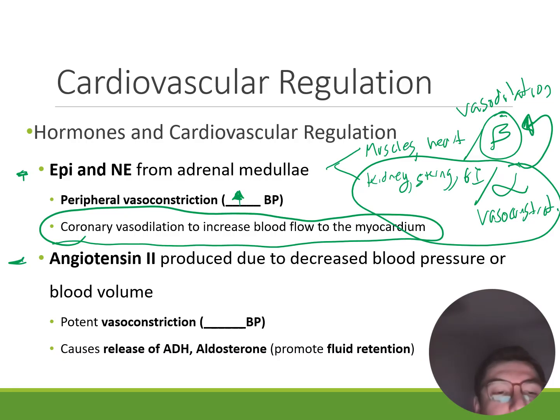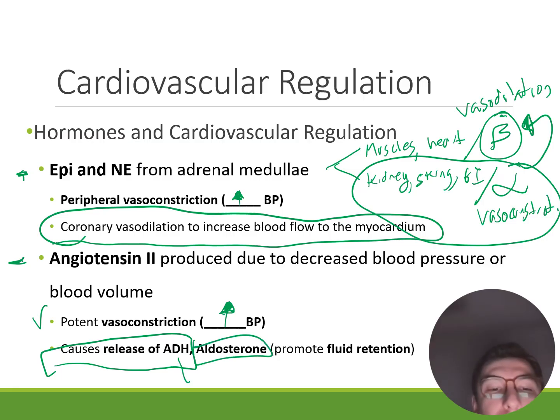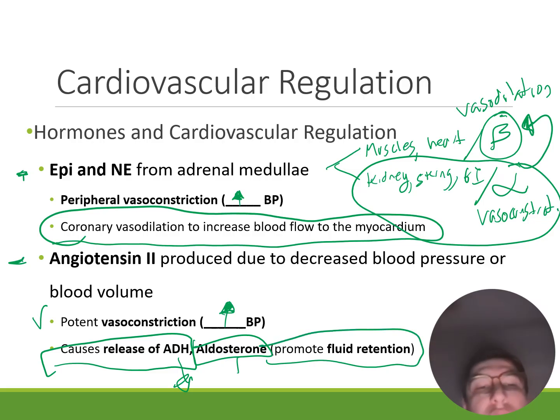So this is a potent vasoconstrictor and is going to increase blood pressure, and is going to cause the release of aldosterone, antidiuretic hormone, and these two are going to promote fluid retention to increase that blood volume. This molecule is working within the kidneys to increase some of that fluid retention to increase cardiac output.